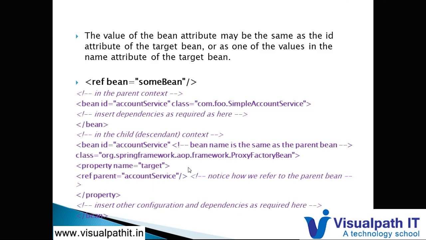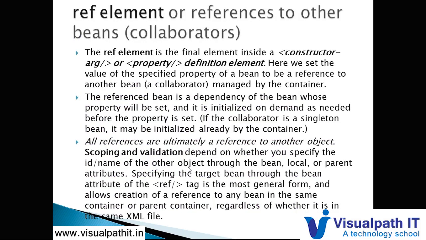So all references are ultimately a reference to another object. The scoping and validation depend on whether we specify that particular id or name of the other object through the bean, local or parent attributes.